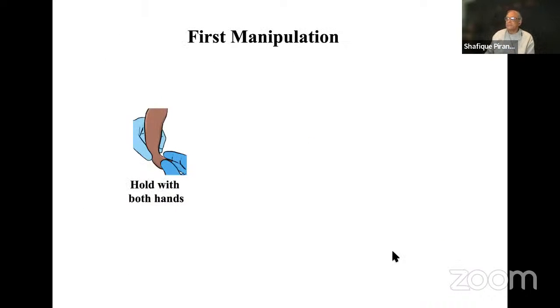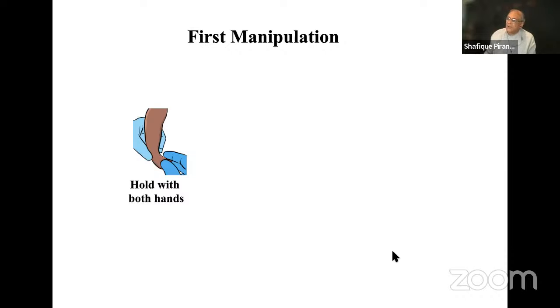So, what's the technique? Well, you have to hold the foot. Now, this is the right foot. The surgeon's left hand, the manipulator's left hand, the thumb finds the talar head, which is just 1.5 centimeters directly anterior to the tip of the fibula in most cases. The index finger and the middle finger rest on the medial side in most cases, and then the right hand holds the forefoot.